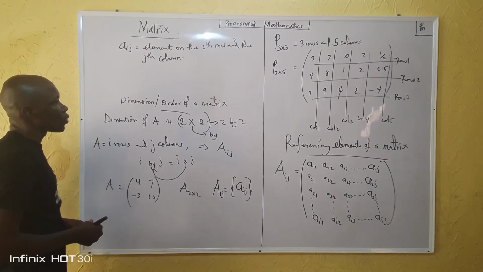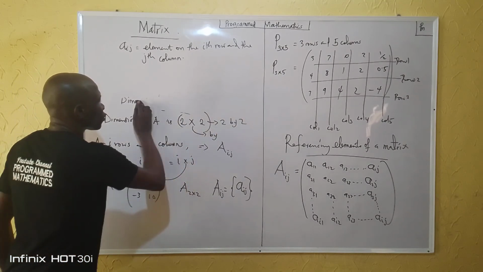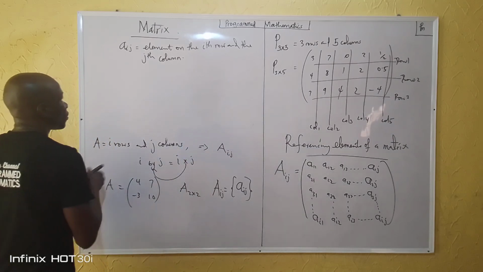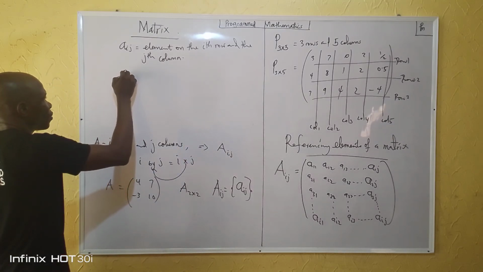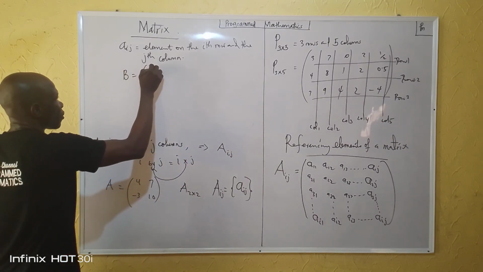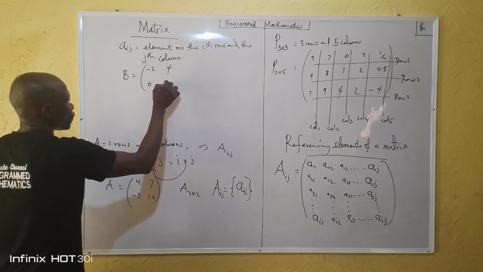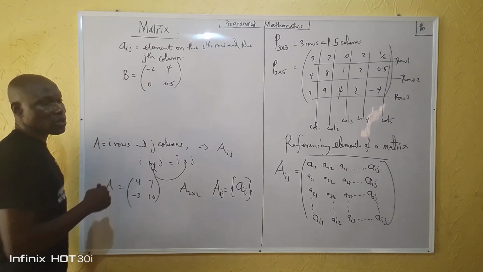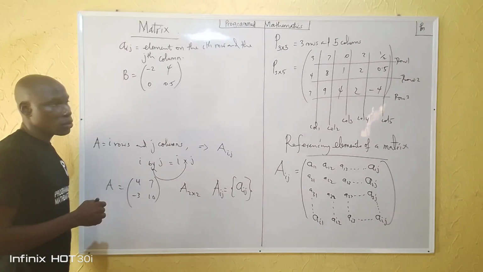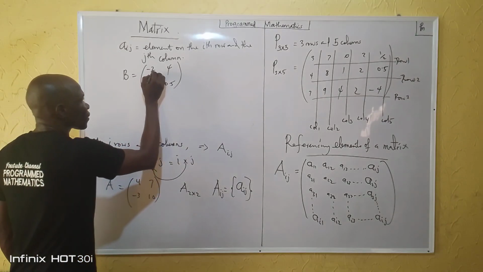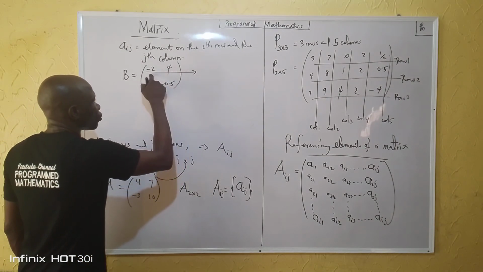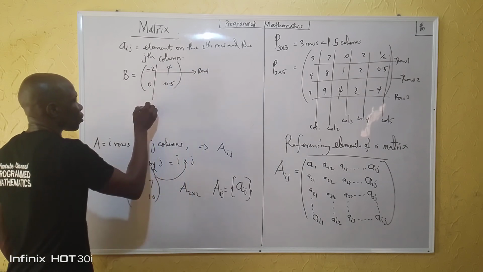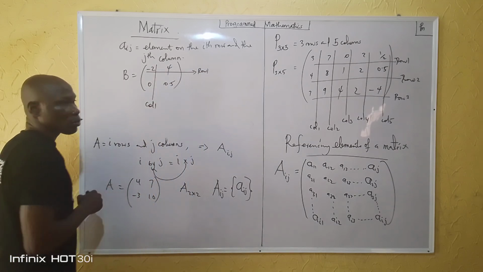Is that okay? So now what you just need to do here is this. Let's assume I have a matrix B as -2, 4, 0, 0.5. And I want to refer to this -2. -2 belongs to row 1 and is found in column 1.